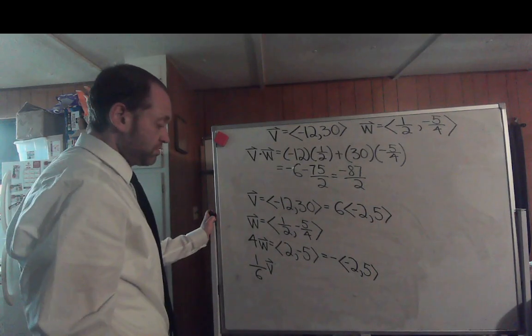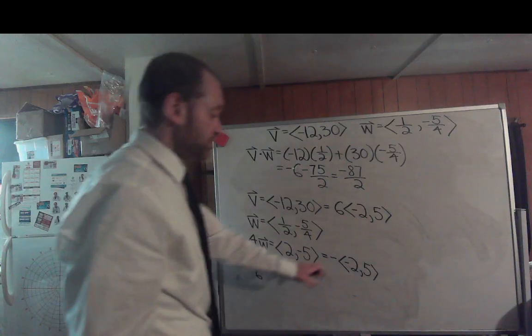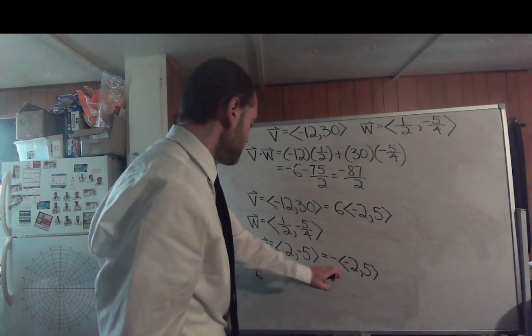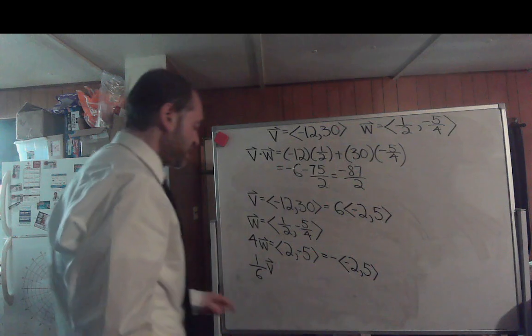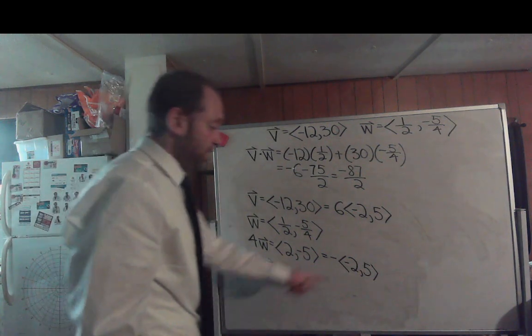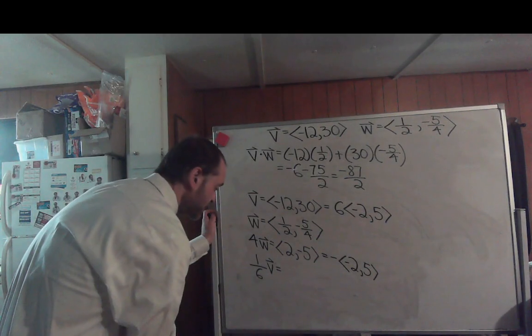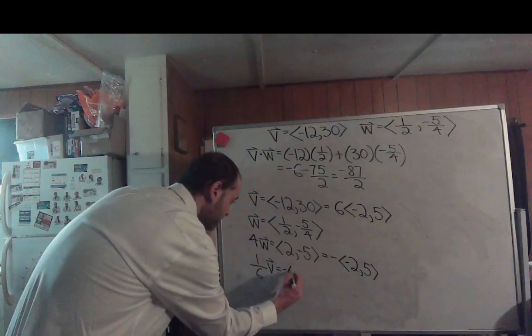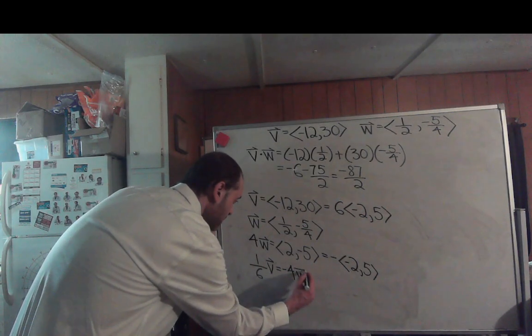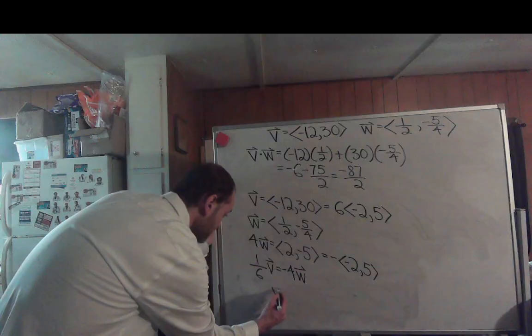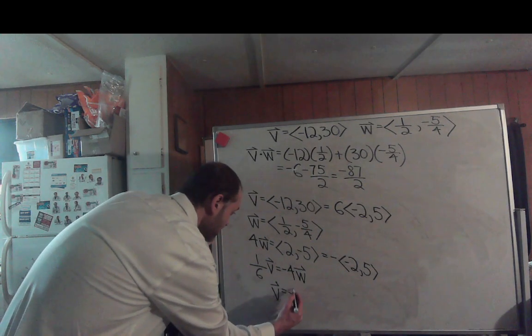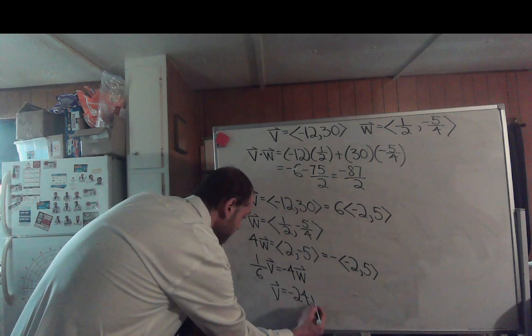And then you would have 4w equals the negative of negative 2, 5. So if I divide both sides by negative 1, I'll get the original negative 2, 5. So that means then that 1/6 v equals the negative of 4w. So that means that vector v equals negative 24 times vector w.